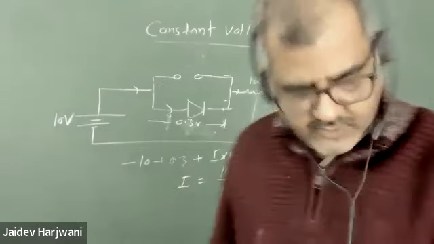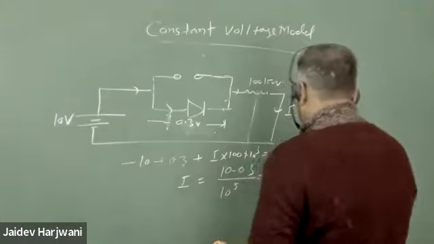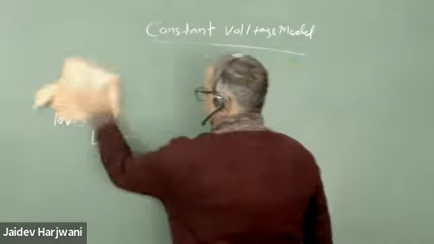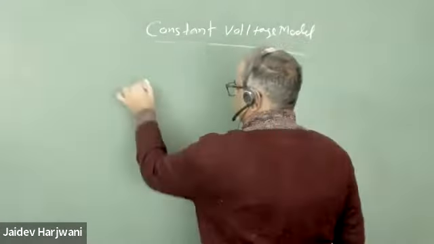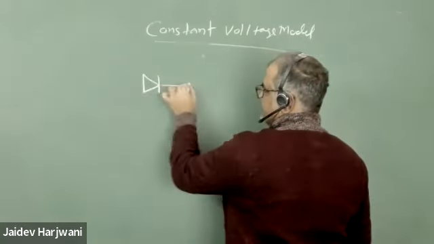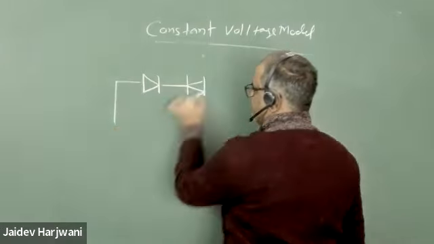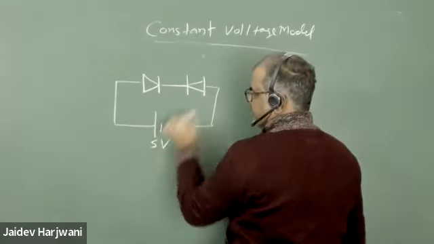Okay, let me do one more problem. Now this is not a constant drop voltage. Say two diodes are connected back to back, and I'm applying some 5 volts here.